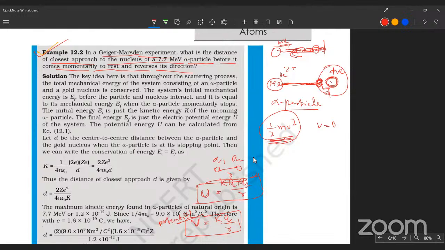So we can write the equation like this: EI equals EF. EI is the initial energy, EF is the final energy, that is the potential energy. So what is EI?